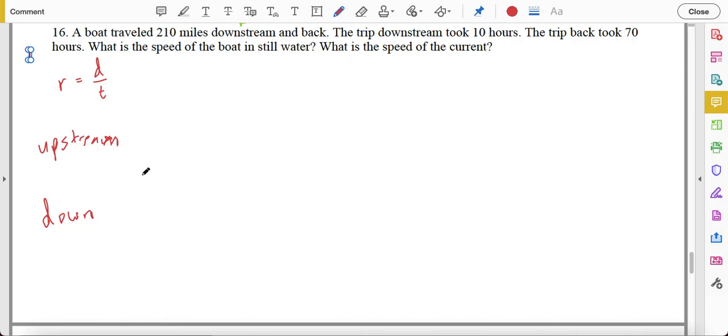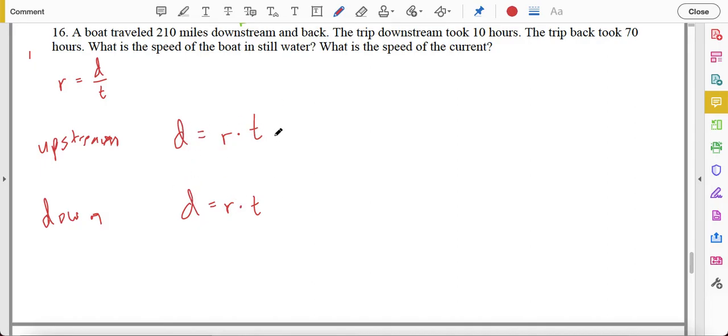Okay, so we also know that the distances are equal to each other. So the distance downstream, or the rate times time downstream, is equal to the rate times time upstream. These two distances are equal.